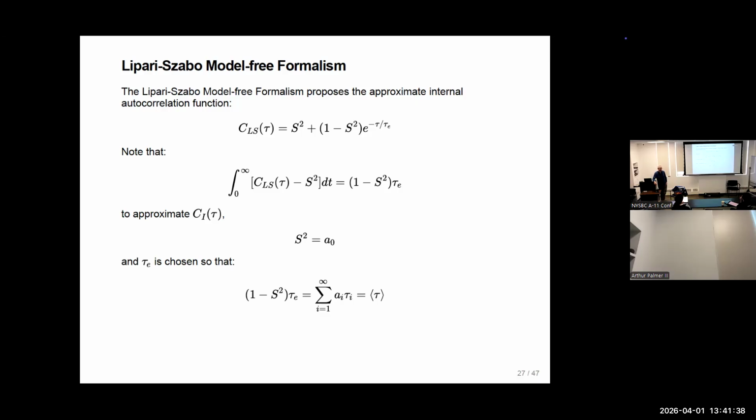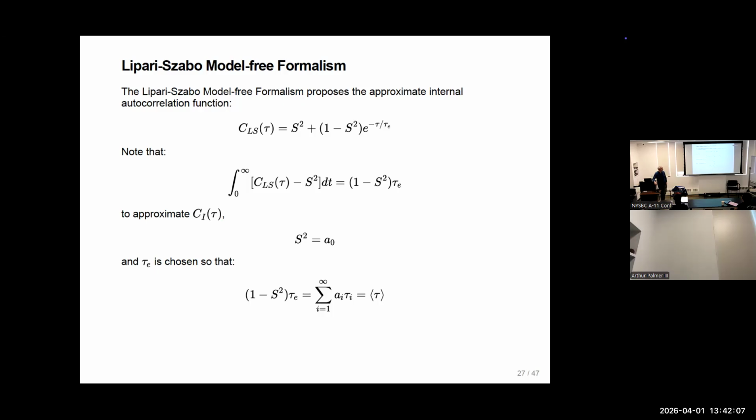That would say that you define your time constant in your single exponential approximation by looking at the first derivative, right? That's the first step in the Taylor series approximation. That was done in the literature, but it turns out not to be so useful. In that case, you're dominated by the very fastest motions.